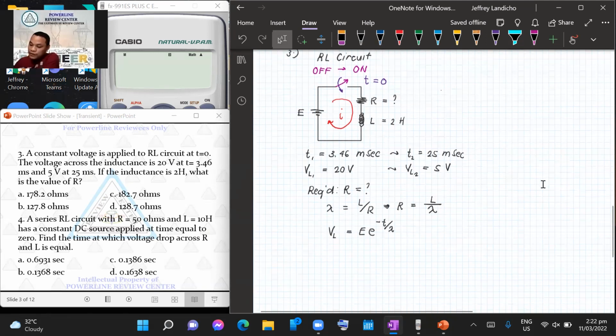So substituting the given data, VL sub 2 is equal to source voltage, constant E, raised to negative t sub 2 over lambda. Ganun din, VL1 should be equal to E raised to negative t sub 1 over lambda. So, ibaba ko lang ng konti.